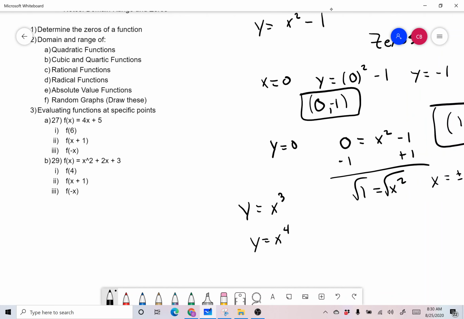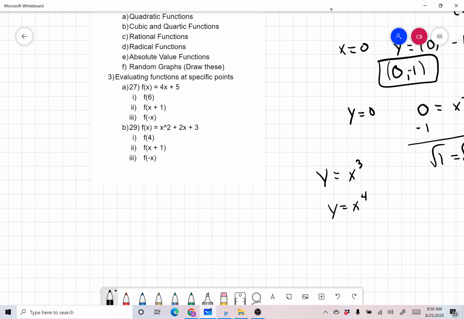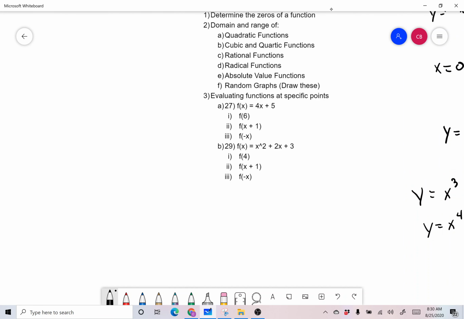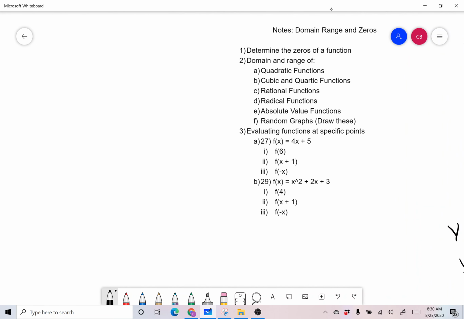But we have rational functions. If you want to find the zeros of rational functions, it's not always possible, but it could be. If I give you y is equal to 1 over x, for instance, and I ask you what the zero is, so if I say x is equal to 0, then this implies y is equal to 1 divided by 0. And it's at that moment where you should say, wait a second, that's not legal.